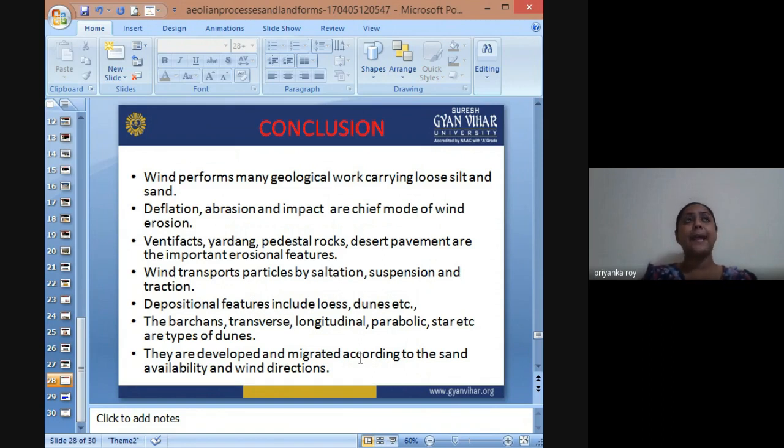Hot deserts, we all know, are spread all around the globe. In America you have the Colorado desert or Rocky Mountain deserts. In South America you have the Atacama desert, which also has a very distinct feature.